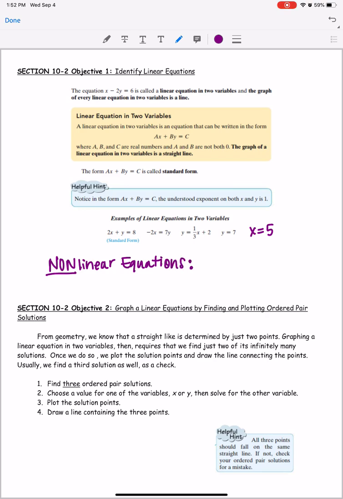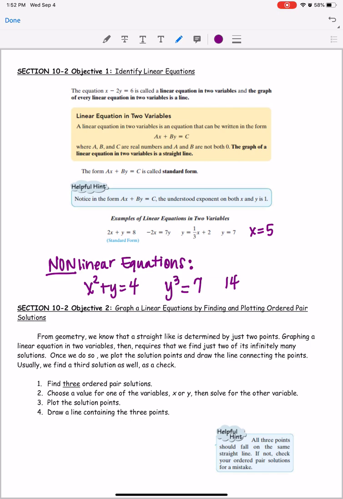This would be something like x squared plus y equals 4 because of this squared. Any other exponent, so something like y cubed equals 7. Okay, or if you're missing both of your variables, it seems silly, but if you're missing both of your variables and you have something like 14, okay, that's not linear.